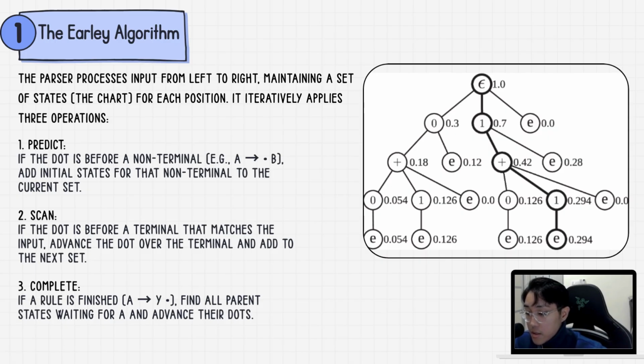When a rule reaches the end, meaning the dot is at the far right, the parser looks back to find any states that were waiting for this rule. It then advances their dot as well, since the expected path has now been recognized. These three steps repeat at every position, allowing the Earley parser to explore all valid parses efficiently.